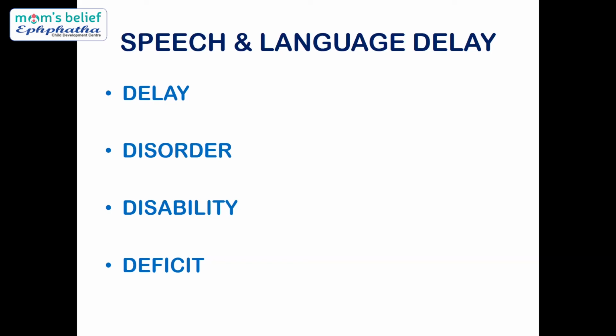It is not delayed, but it is deviated from that particular manner. Various definitions have come across, but try to understand, disorder is something which has deviated a bit from the normal manner of functioning. Okay, next we have a disability.